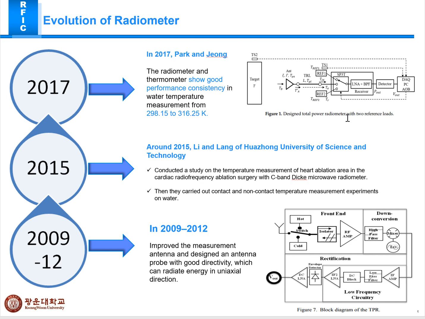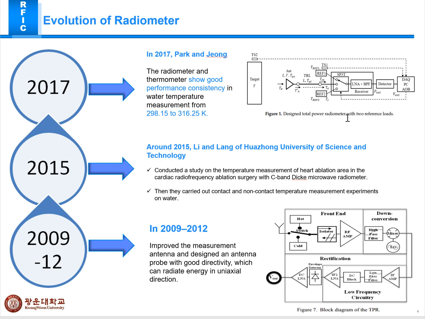The next is the evolution of the radiometer. In this, what happened in 2017, what happened in 2015, and what happened in 2009 to 2012, I will elaborate using a diagram and what I have researched with the previous paper.